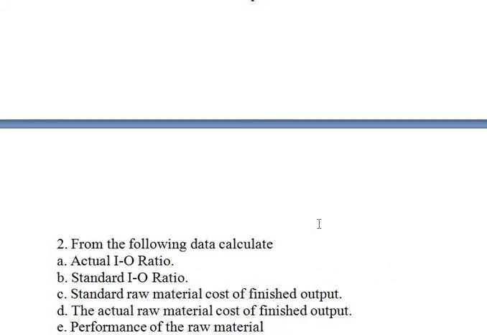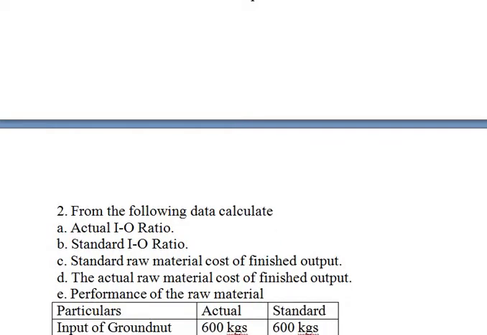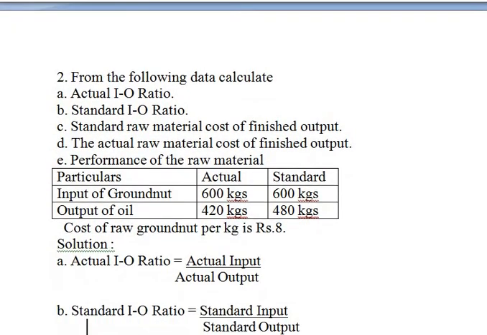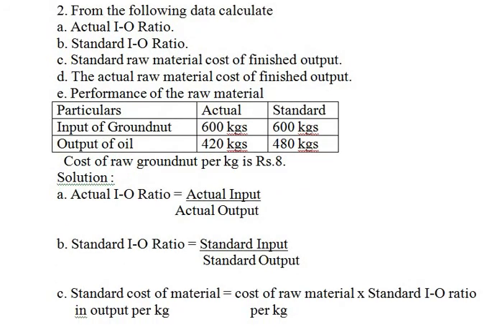Okay, I'll read it out again. From the following data, calculate: A is actual IO ratio, B is standard IO ratio, C standard raw material cost of finished output, D the actual raw material cost of finished output, E is performance of the raw material.